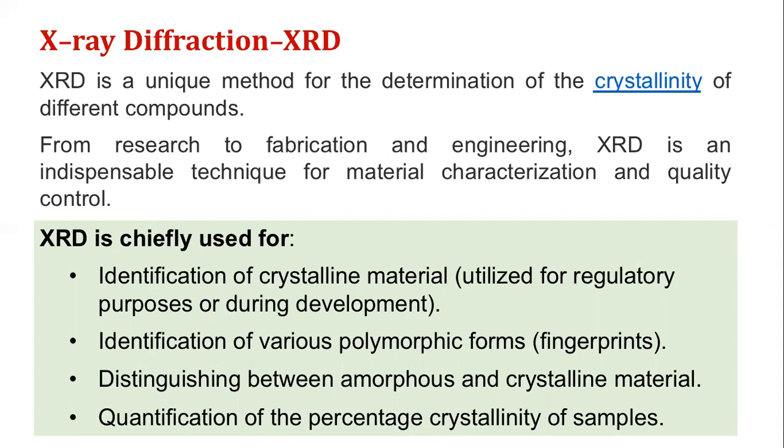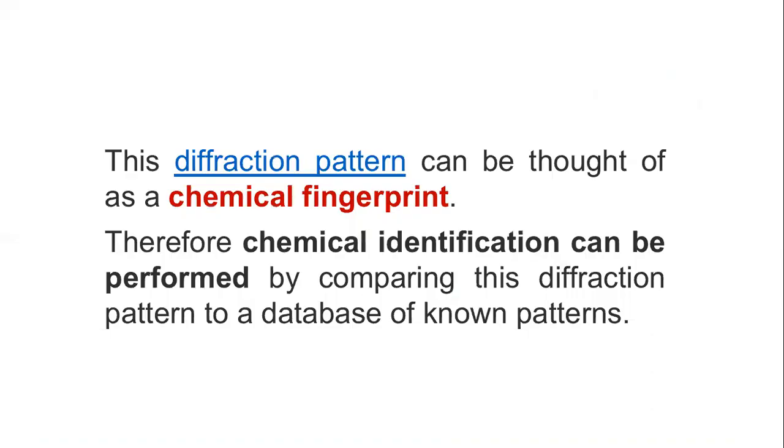It helps in the identification of the crystalline material and identification of the polymorphic forms. That means each material will have its own chemical fingerprint, and then distinguishing between the amorphous and the crystalline nature of a material, then the quantification of percentage crystallinity of the samples, and the purity of the samples. All these can be achieved using X-ray diffraction techniques.